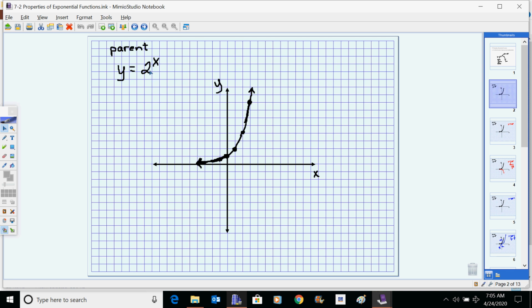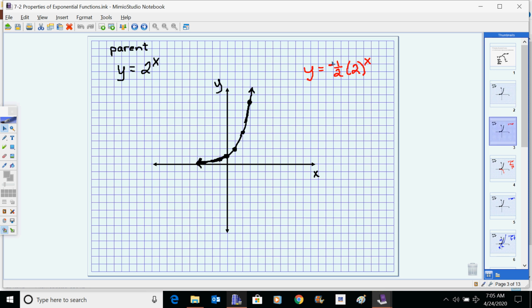So this would be 2 to a power, so it's going up every time 2 times as much. When you have a 3 as your base here, it's going up 3 times as much, and 4 is 4 times as much, and so on and so forth. But if we're going to look at this exponential function as a parent, we can then apply your shifting rules to the other functions. So let's take a look at that.